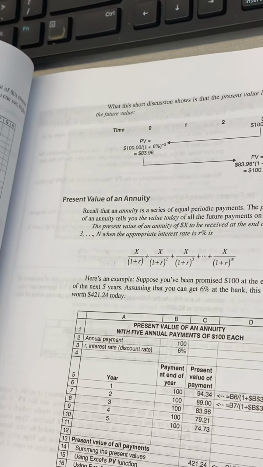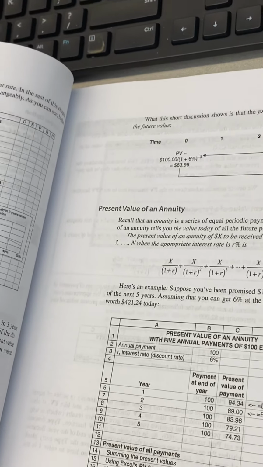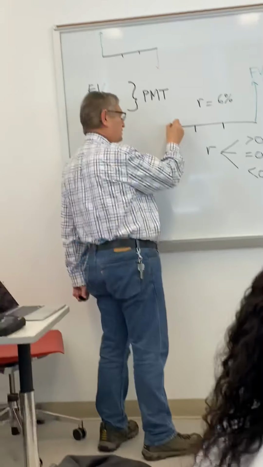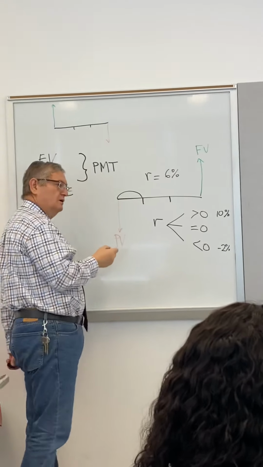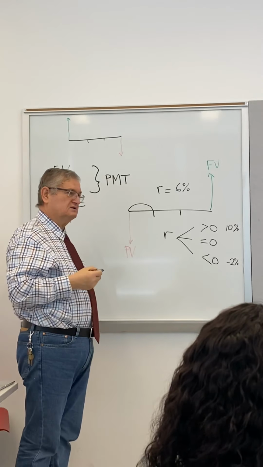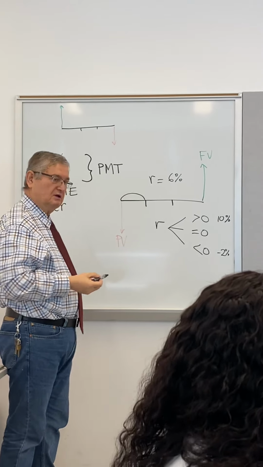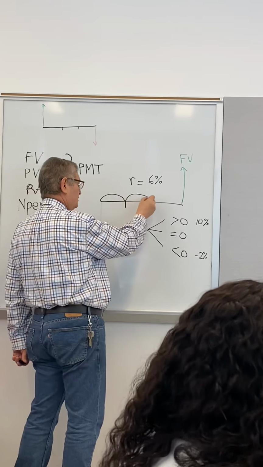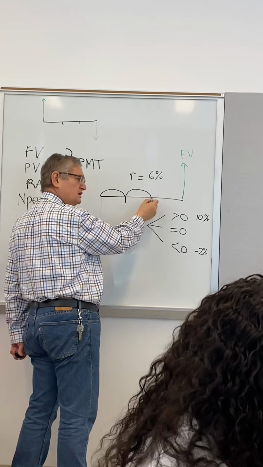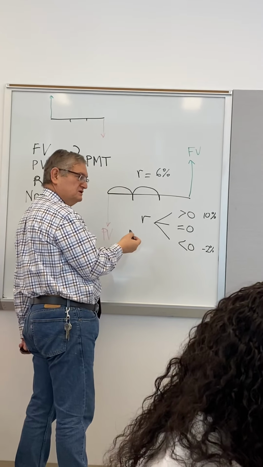Rayana, if the rate is 6%, then you take one period and the money increases by 6%. You take another period, whatever you have here increases again by 6%.